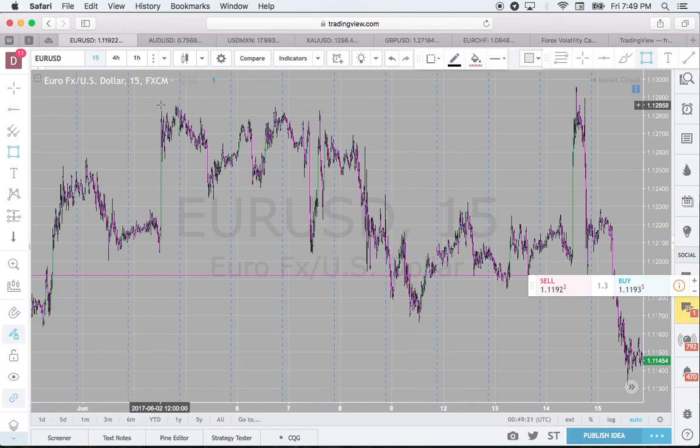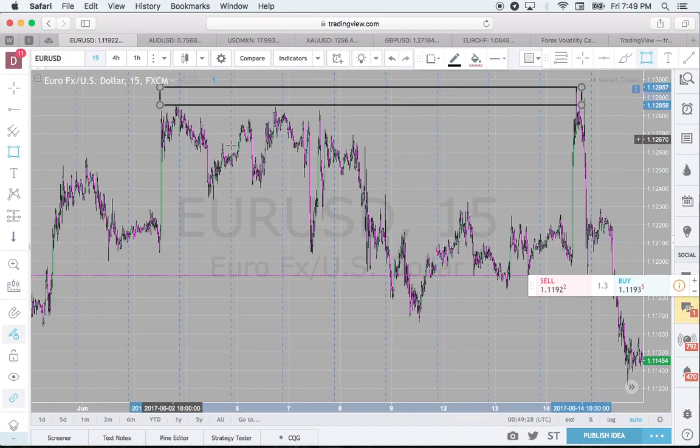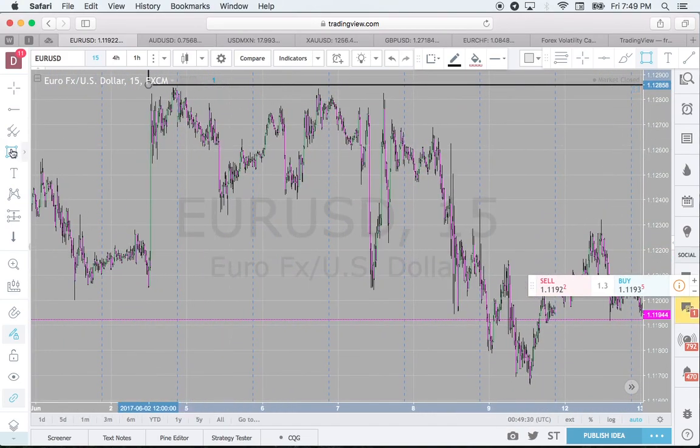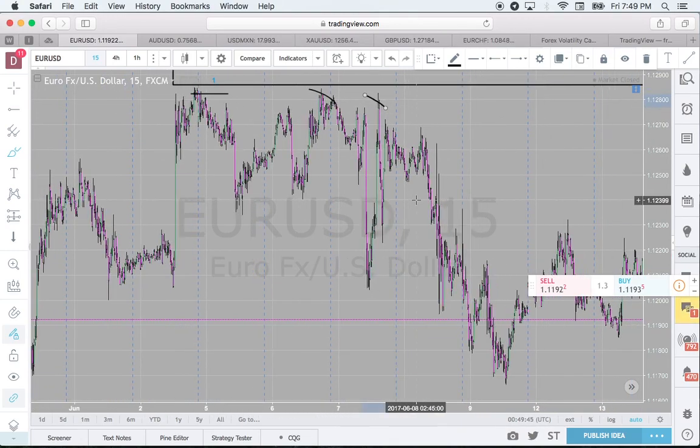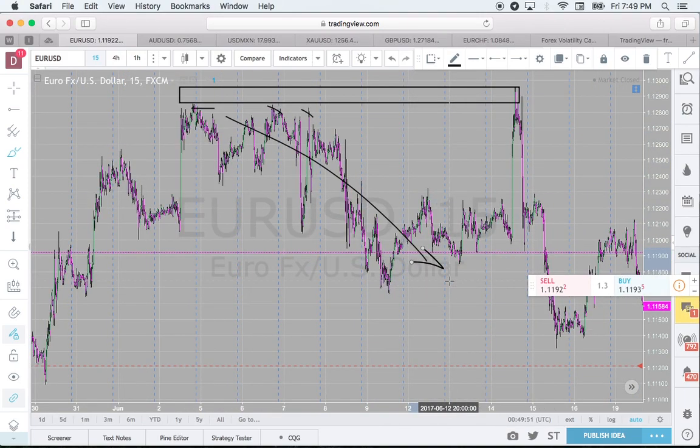And it's very strange when the dealer gives us this much time to sell if the price is really going in the sell direction or to the downside.